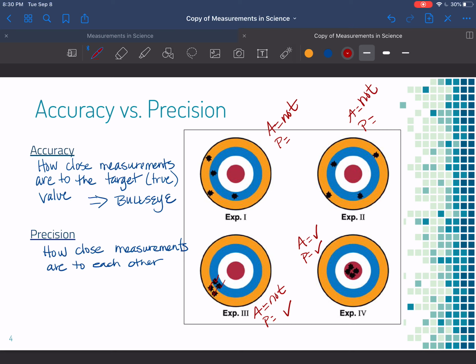How close are those 4 darts to each other in example 2? Well, they're not. So I would say example 2 is not accurate and is not precise. But if I look at example 1 and you look at example 1, we might not agree on this. I think we agree they're not accurate, but are they close to each other? They're certainly closer to each other than the darts in example 2, but are they really close to each other? Maybe, maybe not.